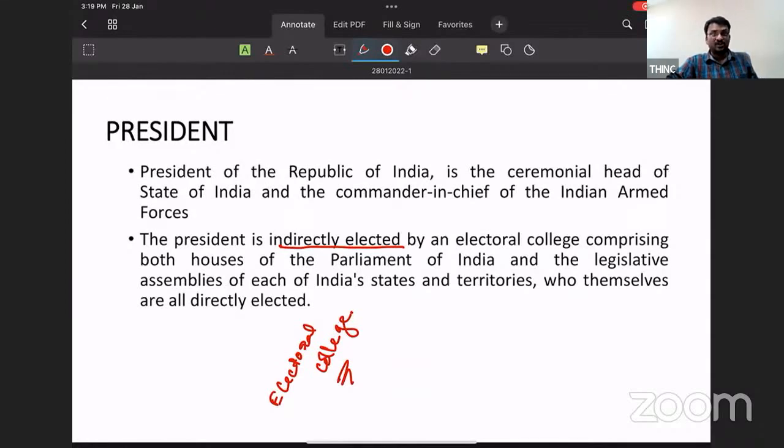In that particular election, single transferable votes are happening, but in the real sense it's not a plurality system, because if three persons are contesting, every voter has a preference.